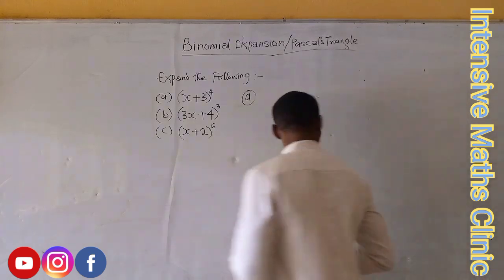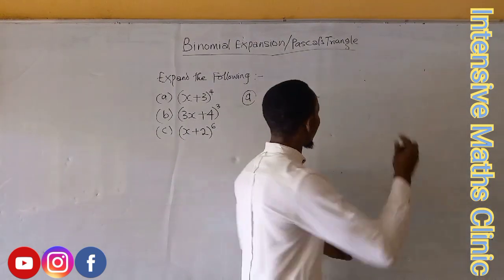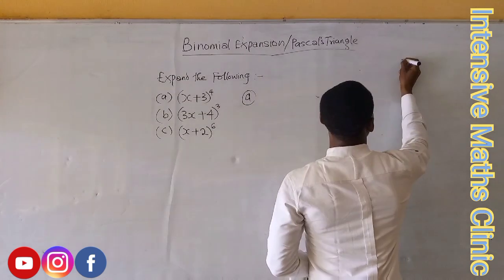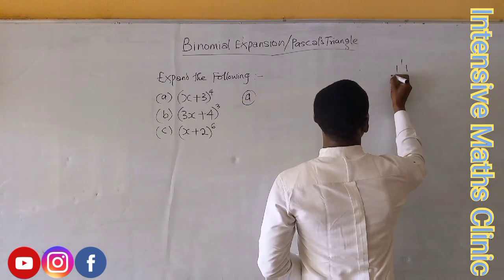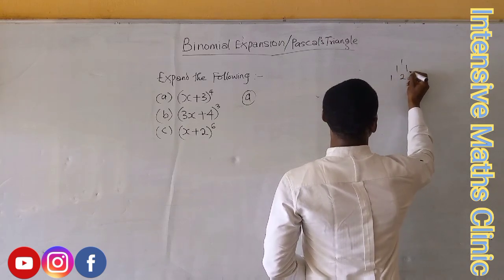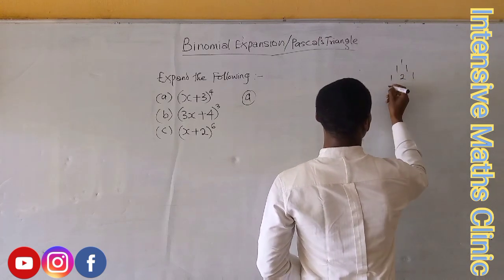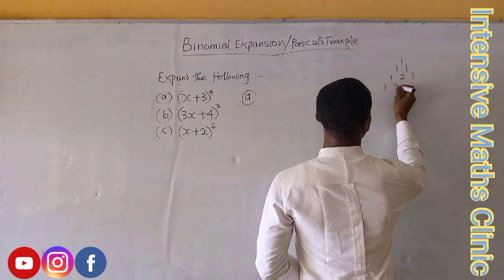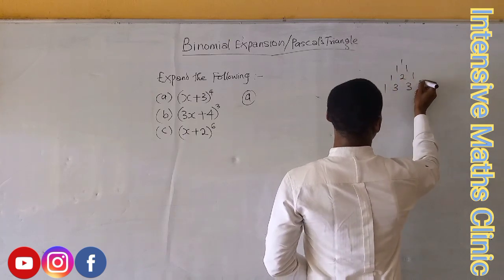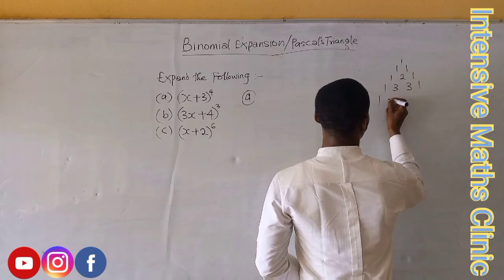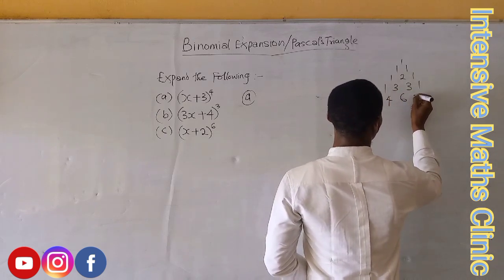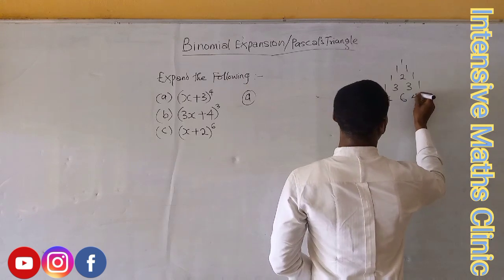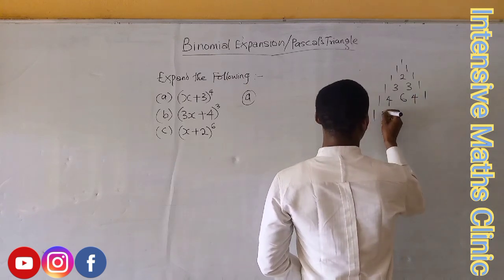Before we proceed, I'm going to bring out the triangle for you. So this is Pascal's triangle. We have 1. Then 1 plus 1 is 2. It starts with 1 and ends with 1. Next, 1 plus 2 is 3, 2 plus 1 is 3, and it ends with 1. Then 1 plus 3 is 4, 3 plus 3 is 6, 3 plus 1 is 4, ends with 1.